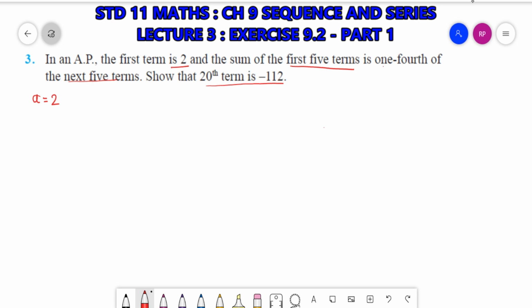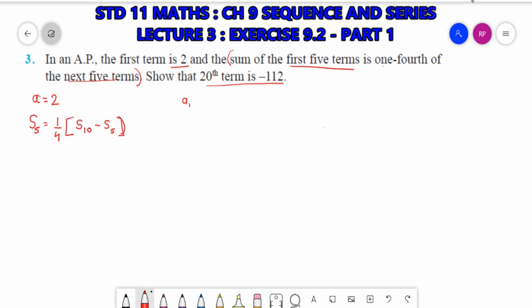Now let's convert this, 1/4, means 1 by 4, of the sum of the next 5. So what I will do, I will take S10, the sum of first 10 terms, minus S5, the sum of first 5 terms.